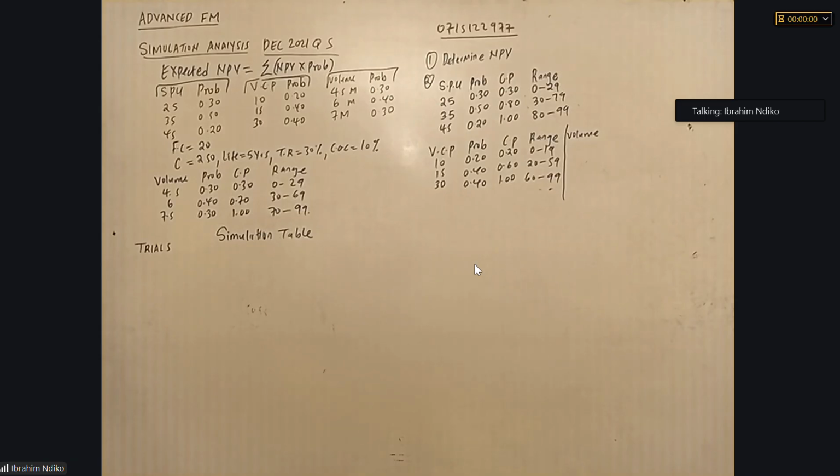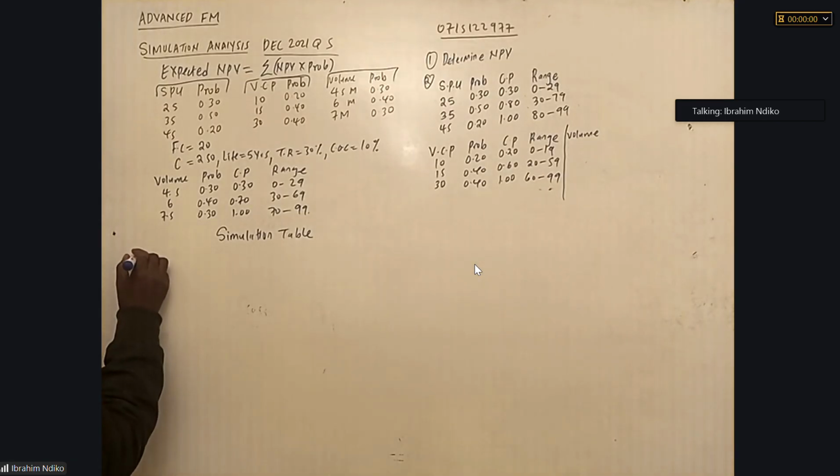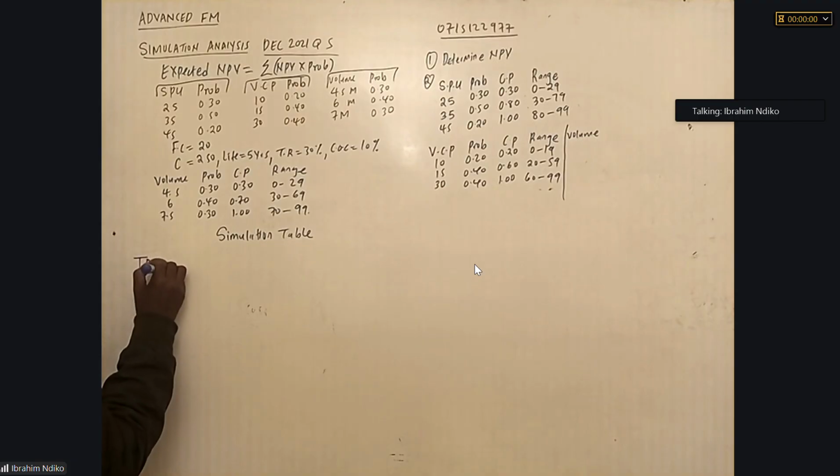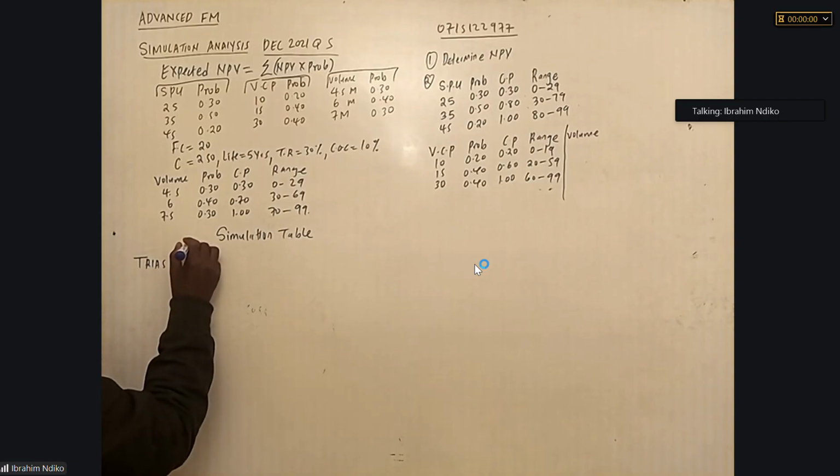So in our case, we have 3 variables that require the runs. We have selling price. Sivyo? So let me show you. So we say trials. Then ya kwanza, let us talk about selling price per unit.